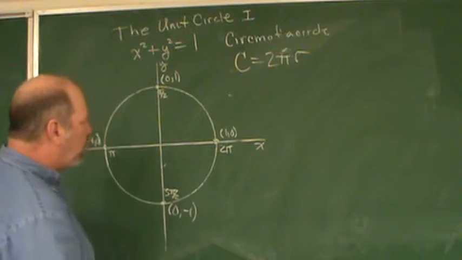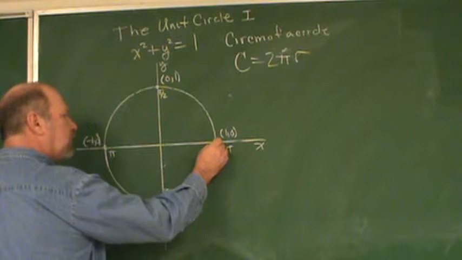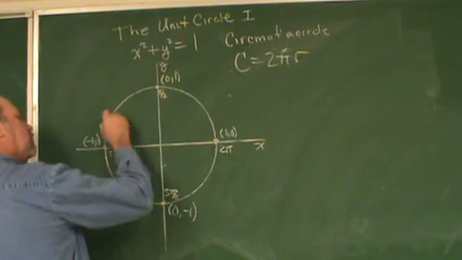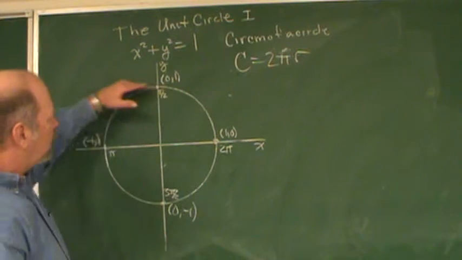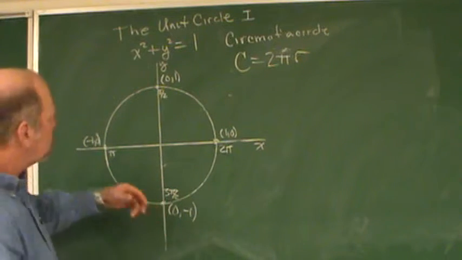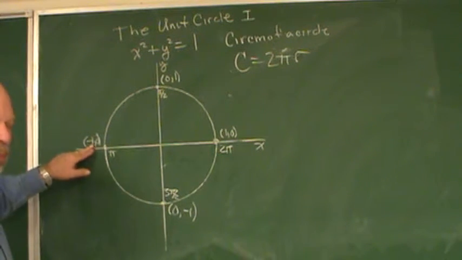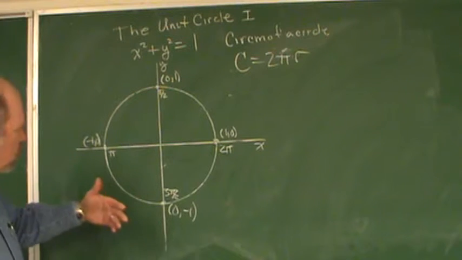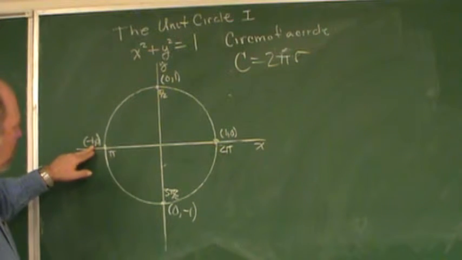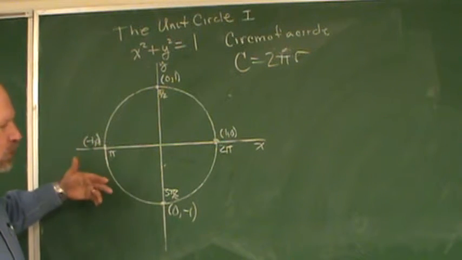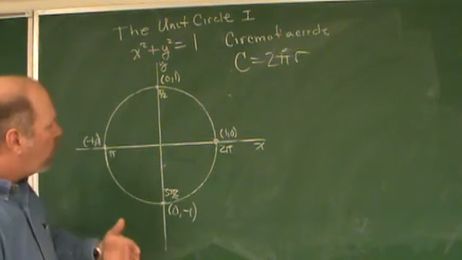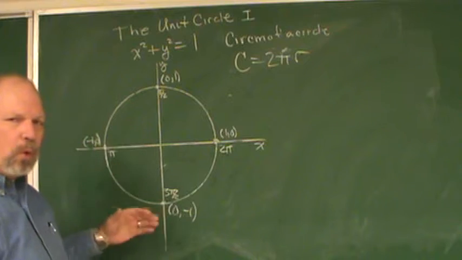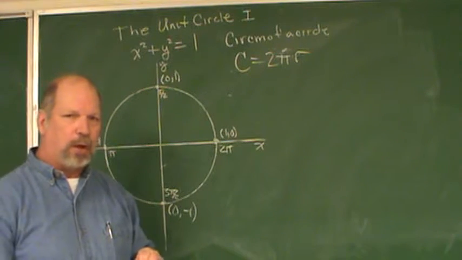Well, the terminal point of pi means that you start at 0 and go counterclockwise until you get pi units around, until the length of your arc is pi units. And the terminal point would be that point on the unit circle, which in the case of pi would be the point (-1, 0). And a little bit later, in another video, we're going to see there's a bunch more terminal points. The unit circle is very important, guys.